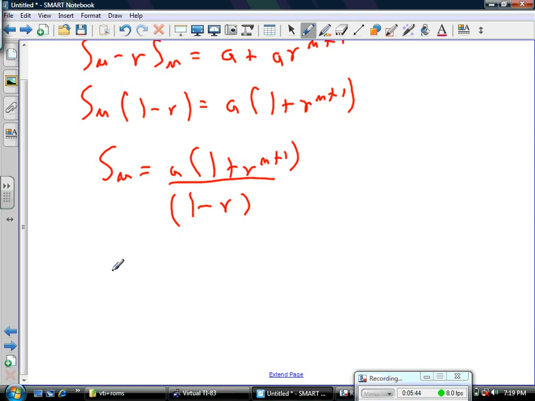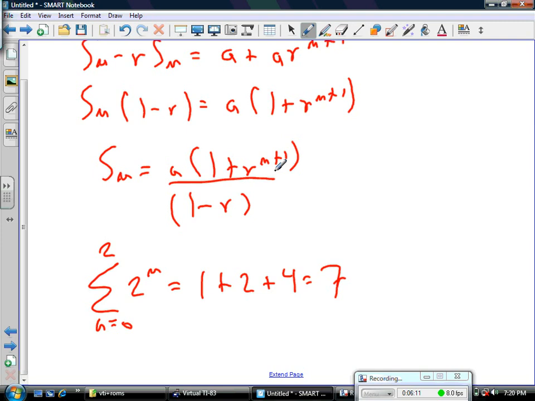Well, let's say the first 3 paychecks, what are they? Plug in n equals 0, what do you get? 1, plus n equals 1, 2, plus 4 is, I got 7 pennies in the bank, right?